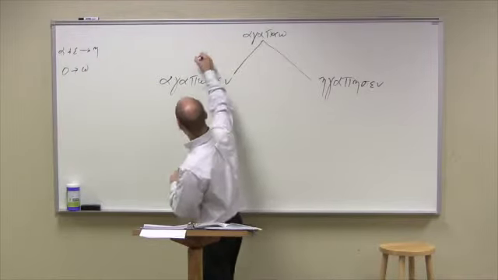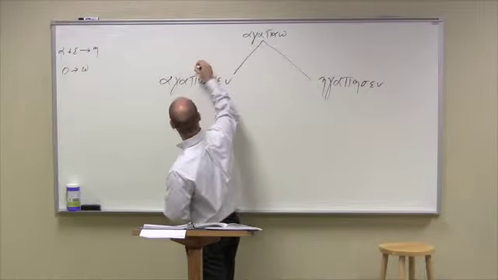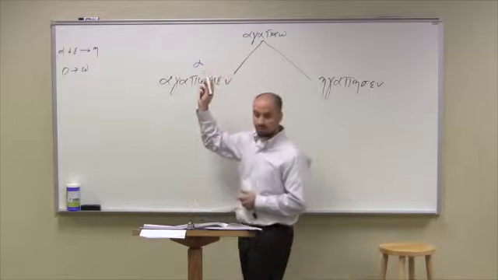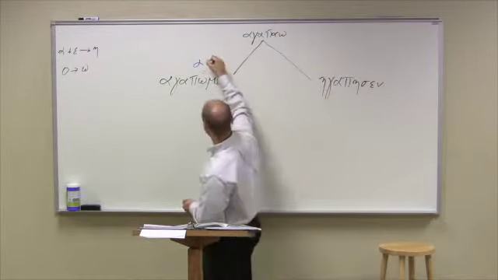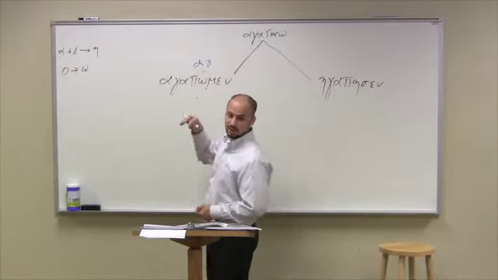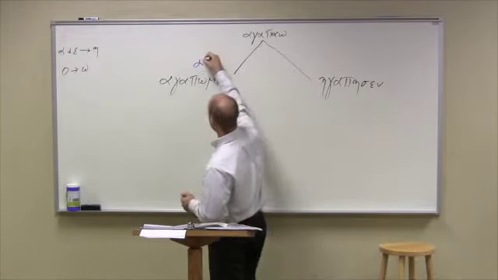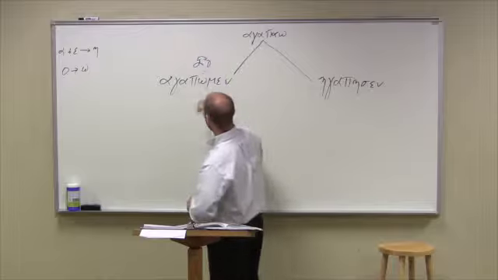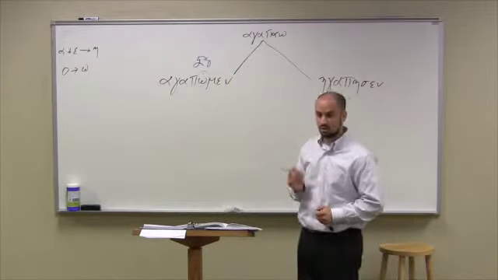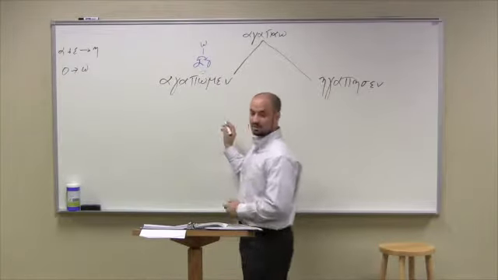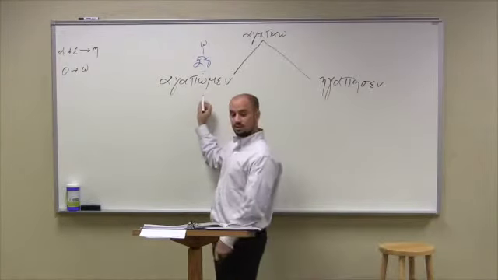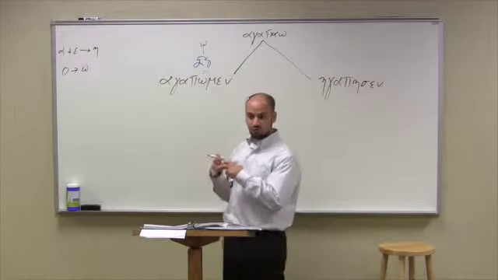So we have an alpha from agapao contracting with what letter here? An omicron. An omicron, good, from the ending omen. So that contraction when we have an alpha with an o class goes to our omega. That's why we have that pair. So now we've explained this connecting vowel as being contracted.